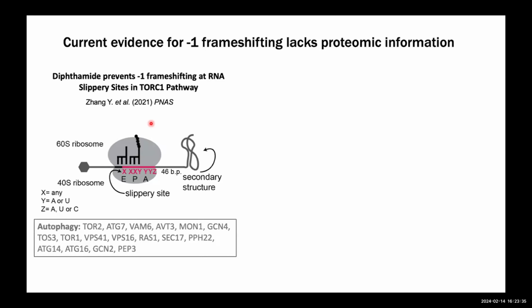And they found that lack of diphthamide increased -1 frame shifting for several different proteins. However, this was only tested on a small subset of the proteome, so it was still unclear how much this frame shifting actually occurs.